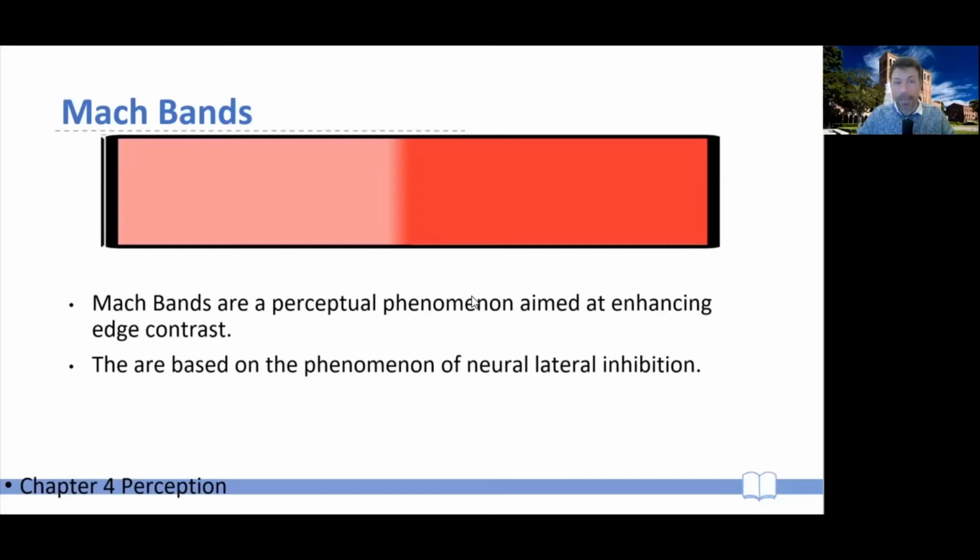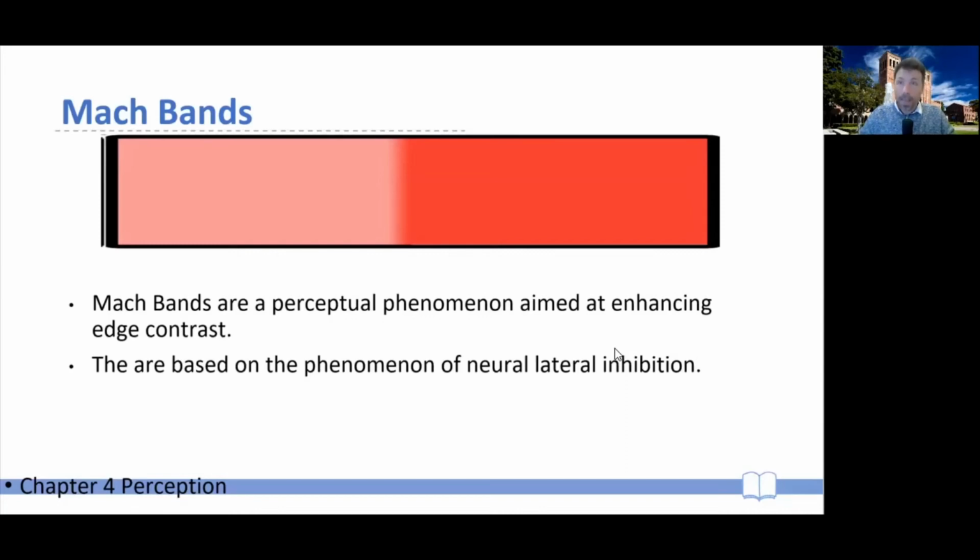And you can easily see that just by covering one of the two sides with a piece of white paper. You will see that there actually is no such thing as this brighter line right here, which I see very clearly, and this darker line right here, which I'm guessing you two see very clearly. So this phenomenon, known as a Mach band, is a purely perceptual phenomenon.